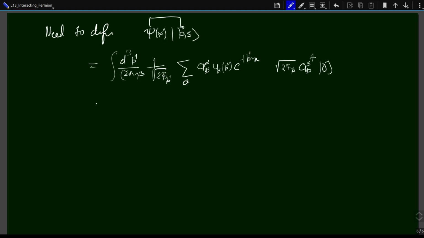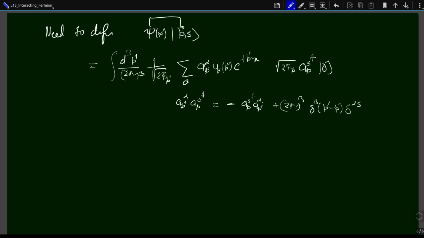So here of course you can just say that A P prime alpha A P S dagger can be written as minus A P S dagger A P prime alpha plus 2 pi cubed delta 3 of P prime minus P, delta alpha S. This is the anti-commutator basically.